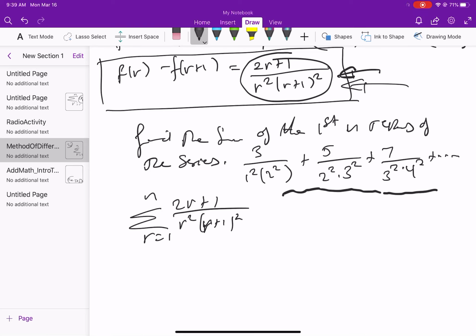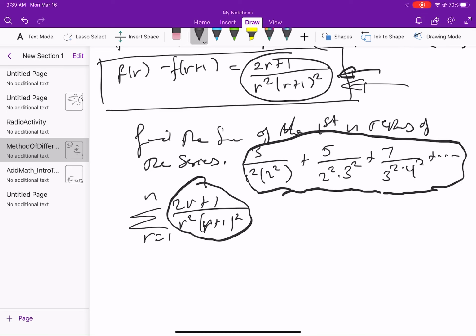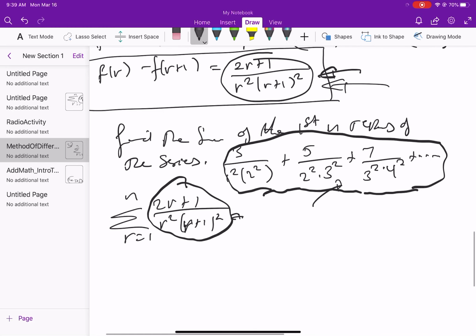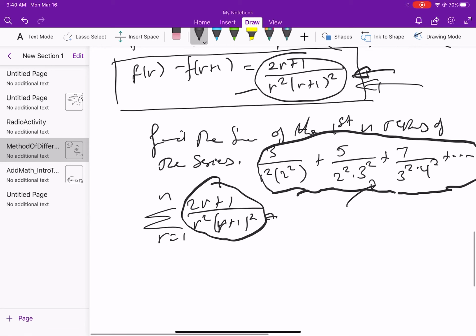As we just explained, if you were to start plugging in the different values of r into this expression, you're going to get this series above here. So this represents the first n terms of this guy. However, summing this is equivalent to summing the left-hand side of the same expression. Summing this is the same as summing that.